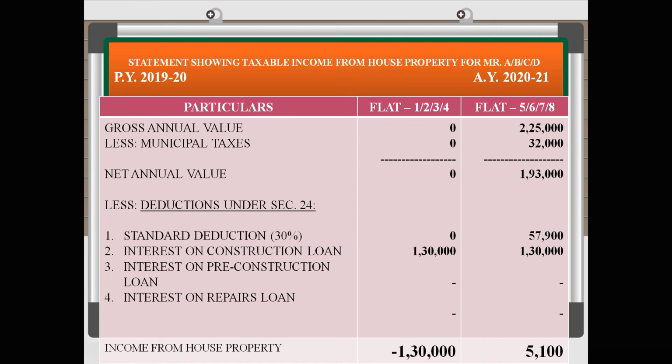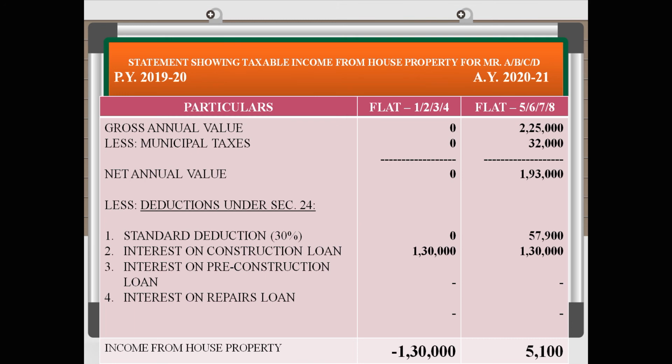I repeat, municipal taxes are deductible for let out house only and not deductible in case of self residential house. In my previous lectures also, I have again and again told you, and again I am repeating the same thing one last time.